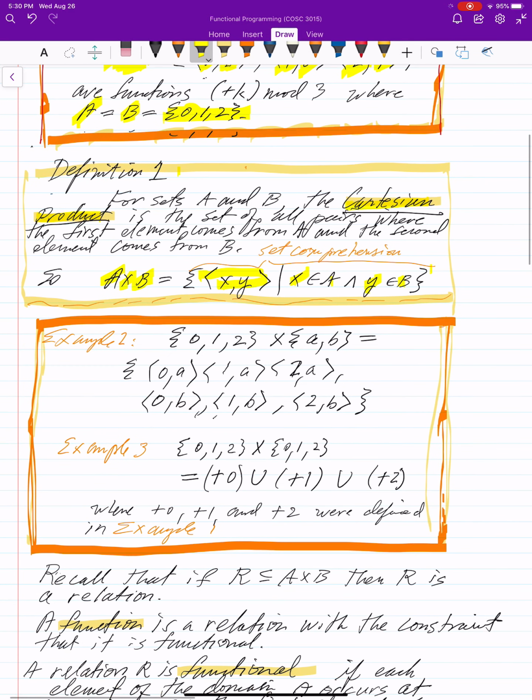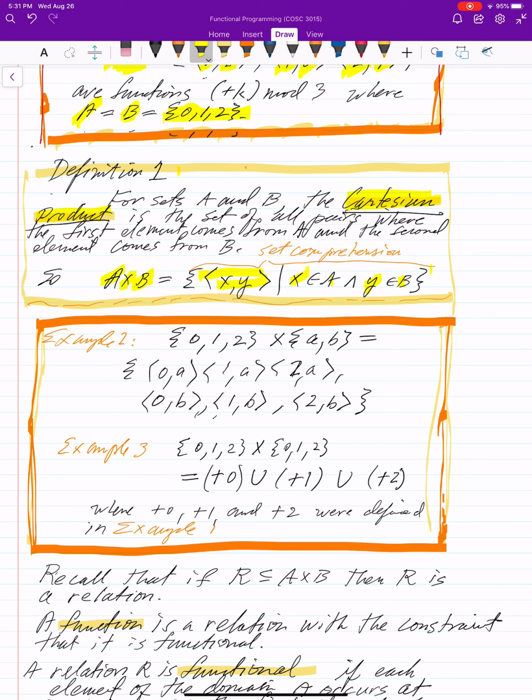Now, for sets A and B, we have the Cartesian product, which is named after René Descartes, who thought of this idea of putting things together in groups and pairs, and he used it to make geometry, which was not algebraic, into an algebraic form.